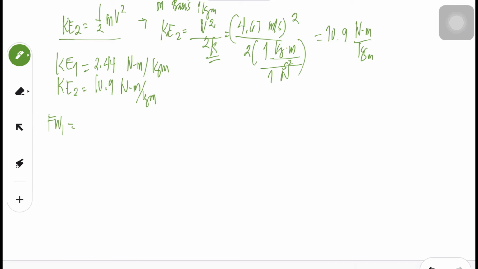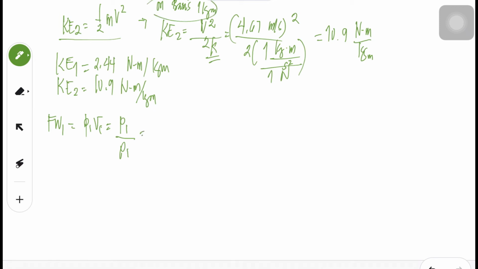So how do we compute for the flow work at point 1? We all know that flow work is equal to the pressure at point 1 times the volume at point 1, which is also equal to the pressure over the density at point 1. Okay? On the basis of 1 kilogram mass.